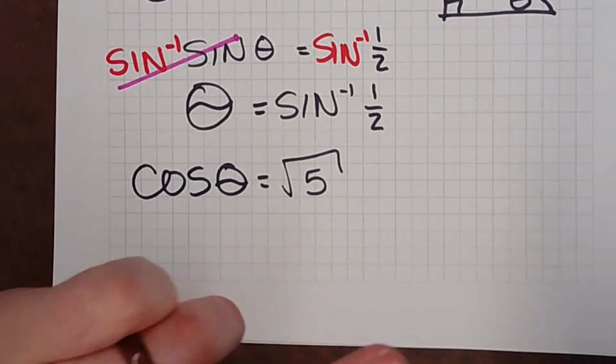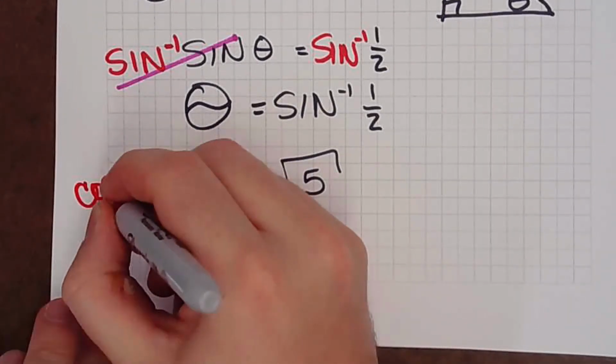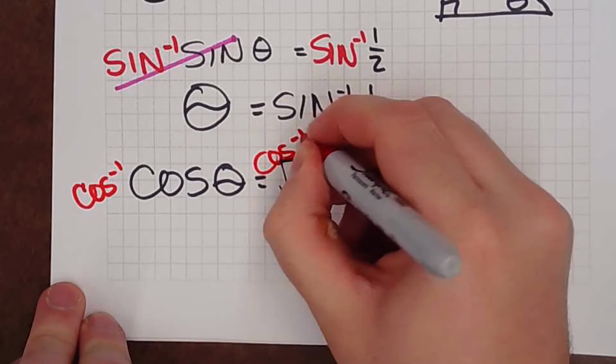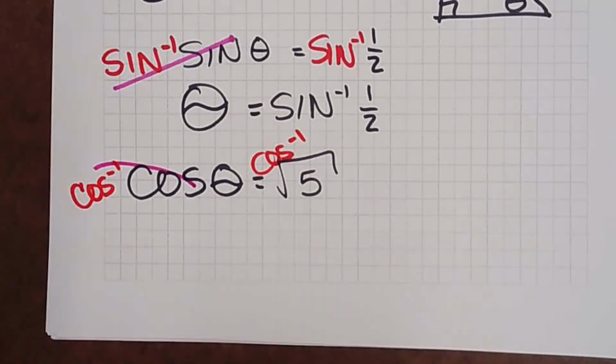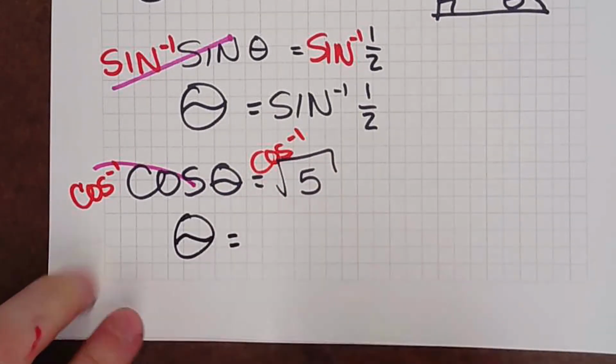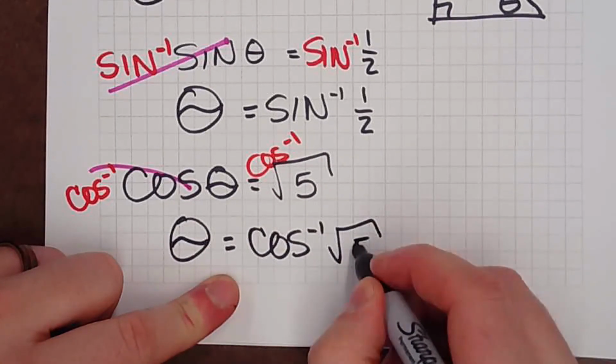What do I have to do? Arc cosine or inverse cosine to both sides. Just like we add or subtract to both sides, right? And they go away on one side, and we're just left with theta, which is what we wanted, right? We want to know what theta equals, so we get theta equals whatever cosine inverse of root 5 is.